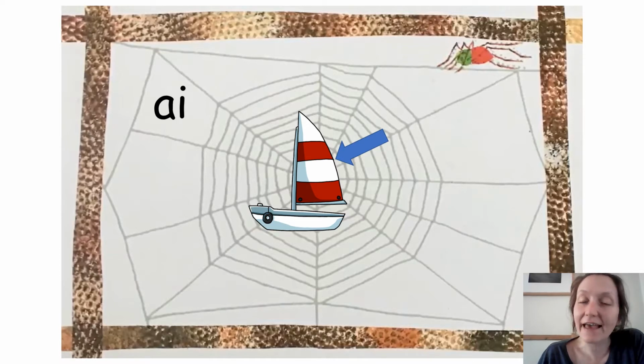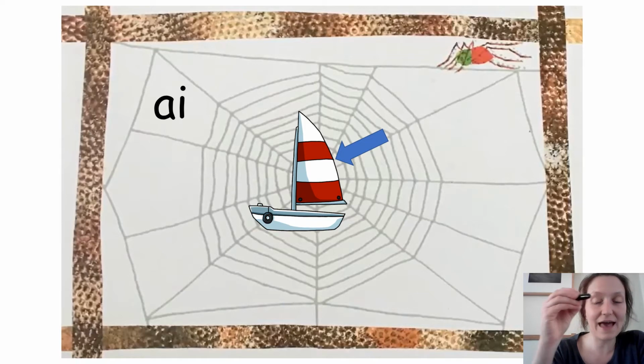Now today we're going to focus on writing some words down using our new digraph. Now to do that, what do we need to think about? When we're writing, what do we always need to try and do? Well done, we need to use our tripod grip, don't we? Our pinchy fingers at the end of our pens.